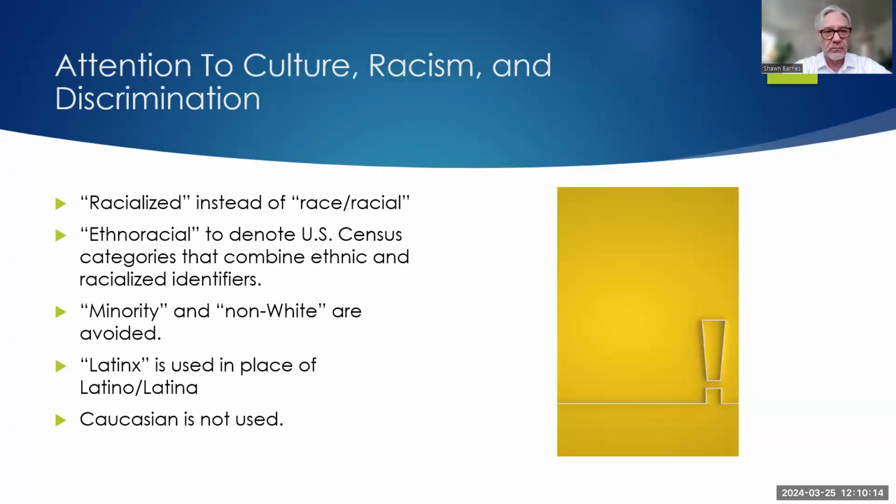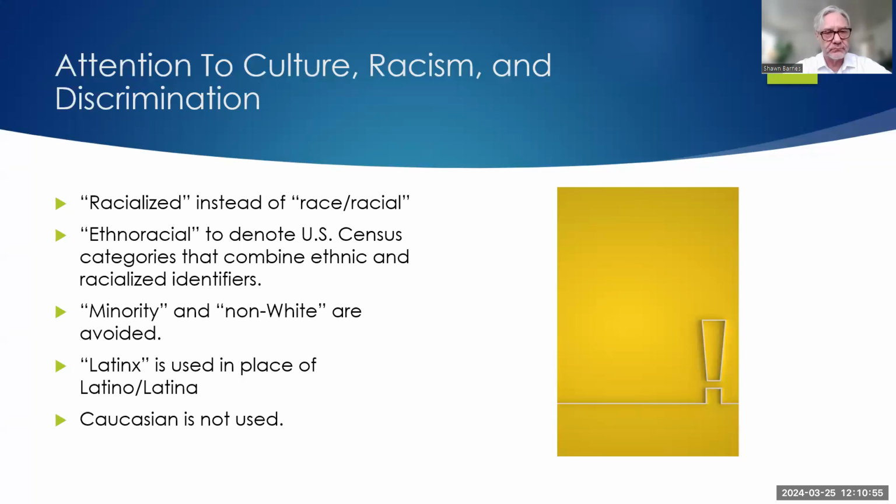Okay, I'm going to stop here and put a lot of emphasis on culture, because the book puts a lot of emphasis on culture. There are a lot of terms that they've taken out of the DSM to be sensitive to racial and ethnic groups, and to highlight social constructs that are natural to your race. They are using the word ethno-racial to denote things such as Hispanic, white, African American; they're lumping it all together.